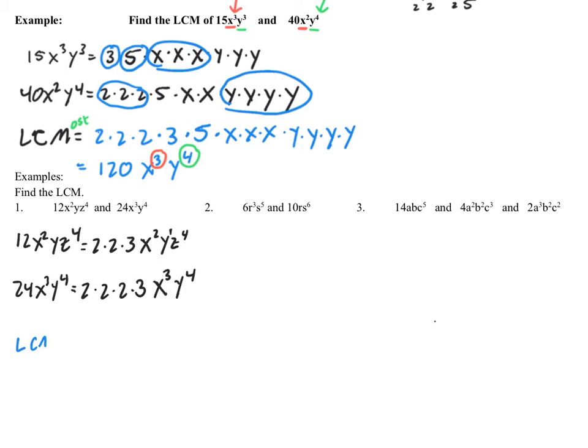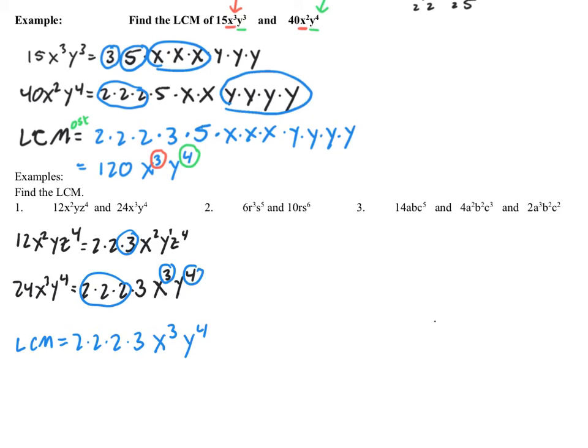So our LCM is going to equal the most 2's, so that's 3 of them, the most 3's, right? They have the same numbers, so it doesn't matter which one I pick. And then the largest exponent. So let's look at the x's. Between a 2 and a 3, the 3 is larger. Look at the y's. Between a 1 and a 4, the 4 is larger.